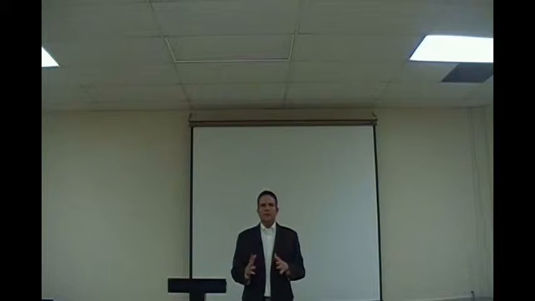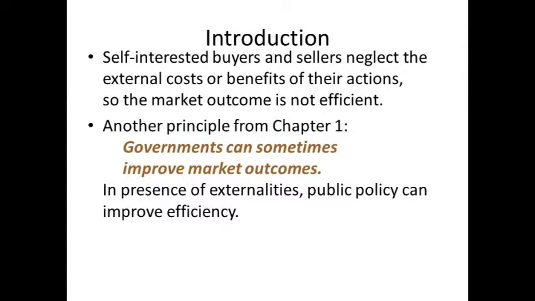Okay, so first let's talk a little bit about welfare economics again. We talked about it in Chapters 8 and 9. I'm going to talk a lot about it in Chapter 10, because it goes forward with the externalities. So we look at the demand curve for a good that reflects the value of the good to the consumer. It's measured by the price the marginal buyer is willing to pay.